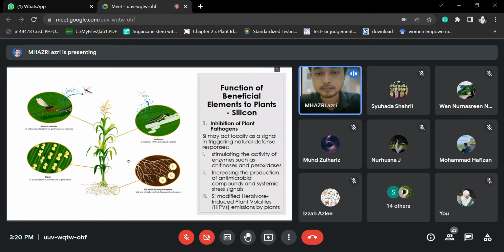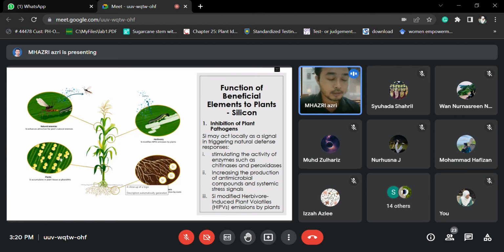Apart from that, silicon also can act as a chemical signal in triggering natural defense response in plant. Okay, for example, ini adalah contoh. Bermula, this plant will absorb silicon as monosilicic acid. Okay, so the absorbed silicon will be deposited in plant tissues as phytoliths.